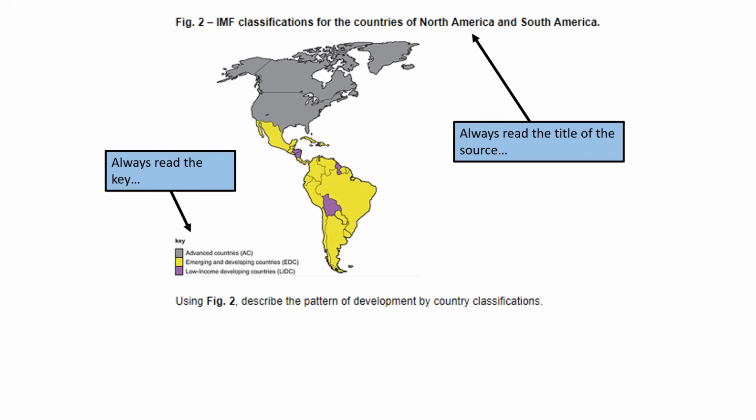So make sure that we are looking at grey for ACs, yellow for EDCs, purple for LIDCs. So we can see that the greater majority of North America is grey, ACs. And then we can see South America, with the exception of 4 countries, everything else is yellow. So the greater majority is EDCs, with the exception of 4 LIDC countries.